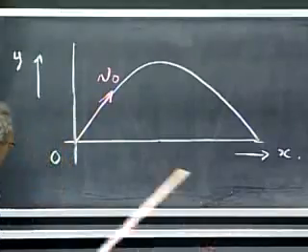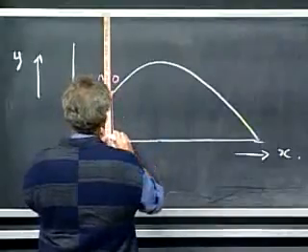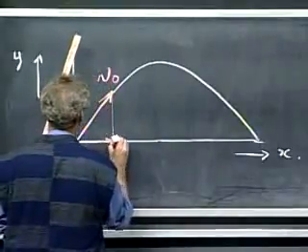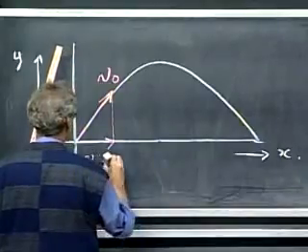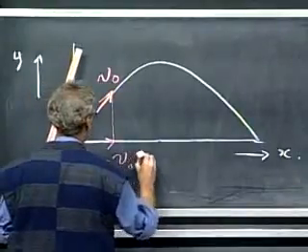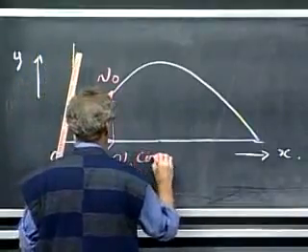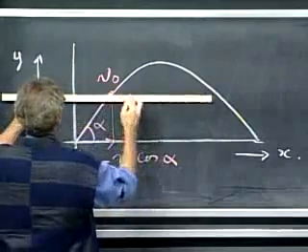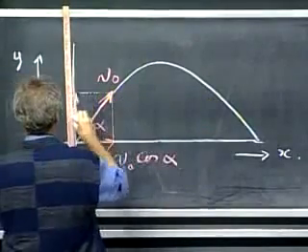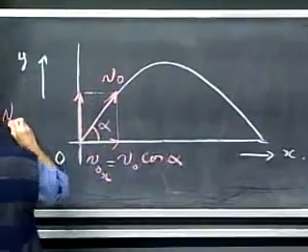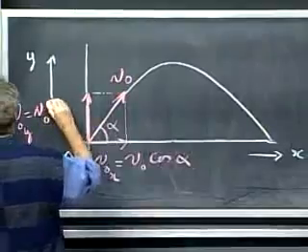We already decompose right away the velocity at time t equals 0 into a component which I call v0x, and that of course is v0 times the cosine of alpha, if the angle is alpha, and the velocity in the y direction at time t equals 0, I will call that v0y, and that is v0 times the sine of alpha.